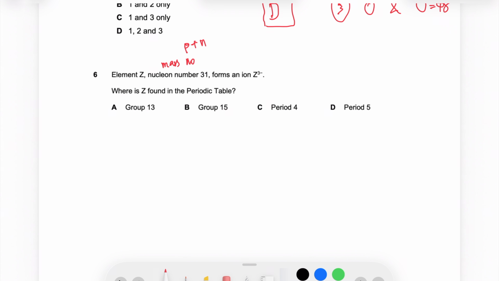For the mass number, you should use the number at the bottom. It looks like phosphorus, so Z is actually phosphorus. It is found in group 15, that's all. It's not group 5, so be careful. So the answer will be B.